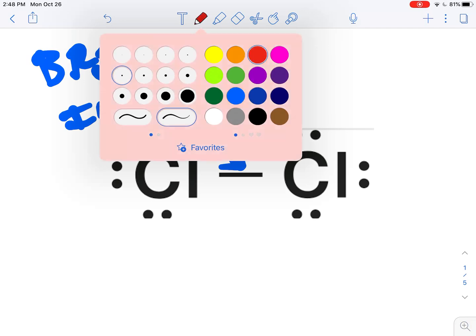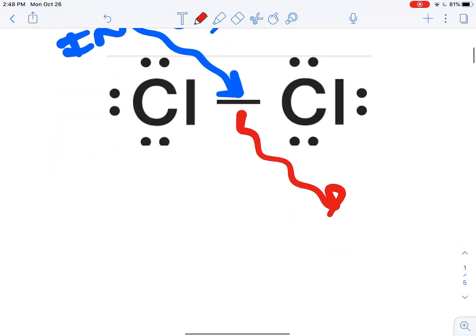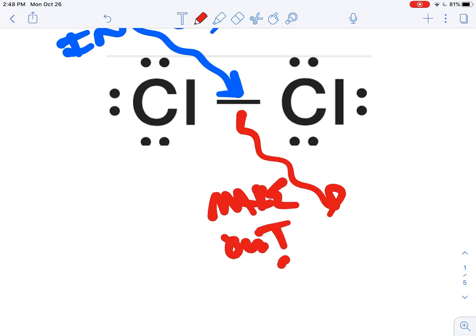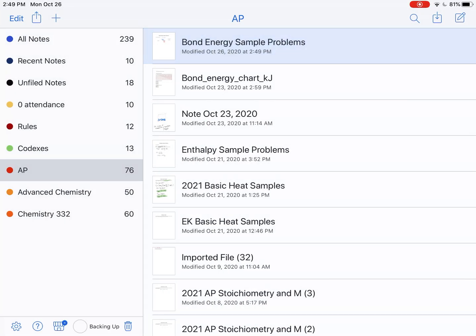If, however, the bond is being made, then the energy comes out. It's exothermic, or a negative sign. Regardless of whether it's positive or negative, breaking or making, it's the exact same amount of energy. It's just a question of the directionality.